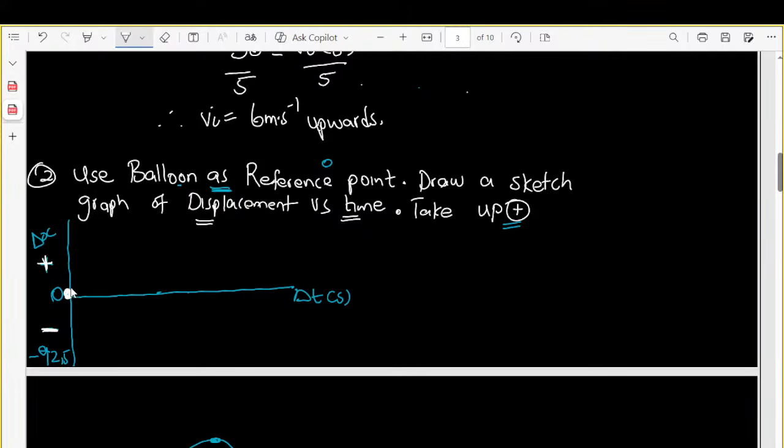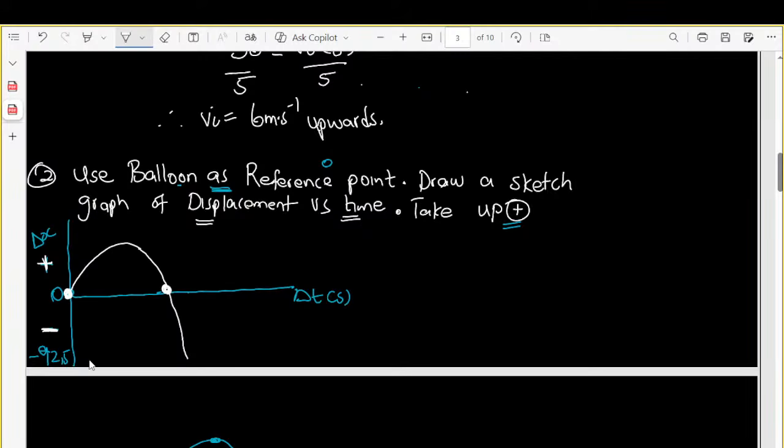So this tells you that if we take up as positive, this object will start moving up. We don't know the distance up, but what we know is that it will move up and come back to that reference point where it was thrown. Then it will continue moving down until it reaches the height of minus 92.5.